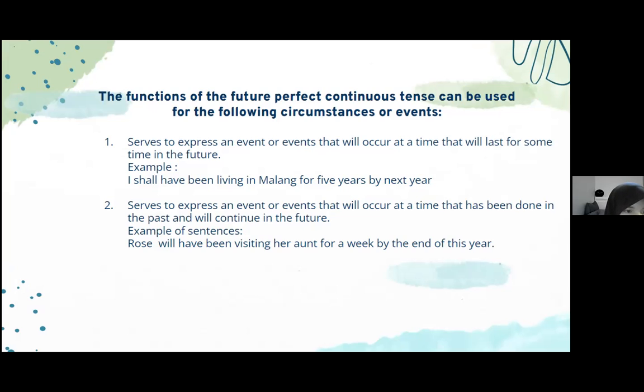Second, serves to express an event or events that will occur at a time that has been done in the past and will continue in the future. Example of sentence, Rose will have been visiting her aunt for a week by the end of this year.